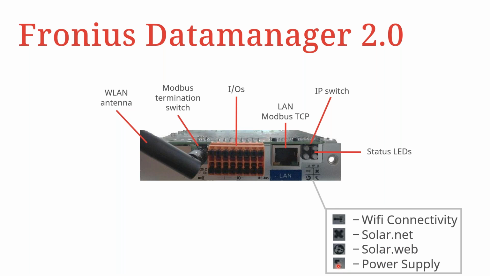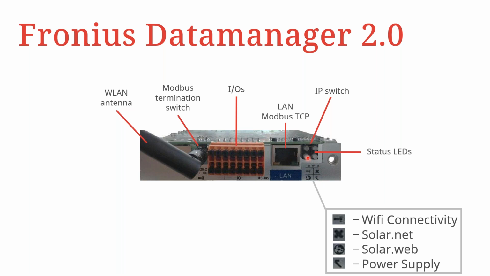And the check mark represents the power supply. The goal here is to ensure that all these LEDs are solid green. Once they are solid green, your inverter is in very good shape. That's why we labeled it the status LED. It gives you the status of your inverter, both communication and function wise.